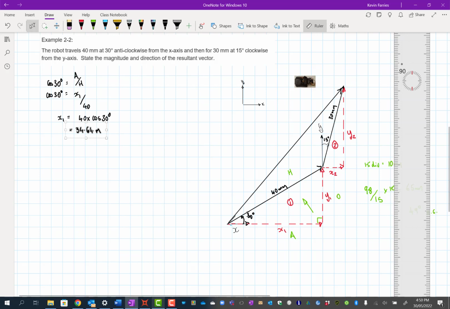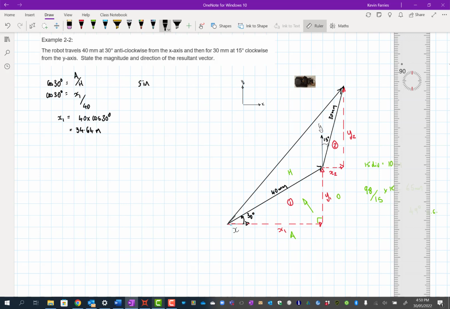So then we're going to get y as well. We'll still use the hypotenuse because that's what we're given. So opposite over hypotenuse, so it's sine. So sine 30 degrees, we're still in that one.